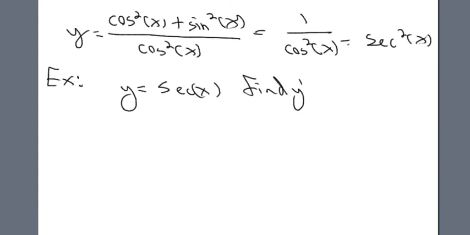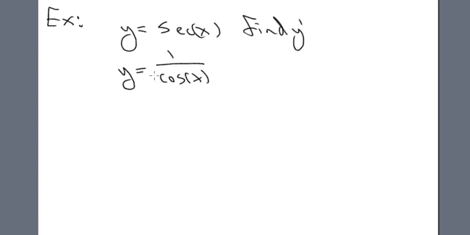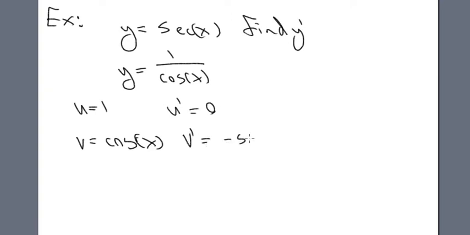Now, first of all, rewrite it as a quotient, 1 over cosine x. Top is 1, bottom is cosine x, u prime is 0, v prime is negative sine x.